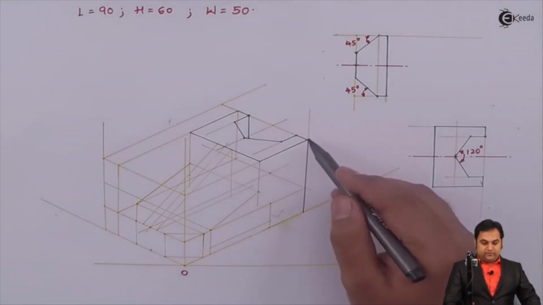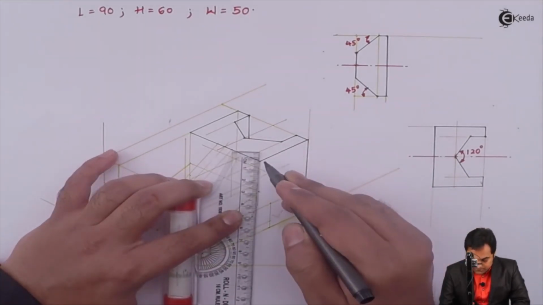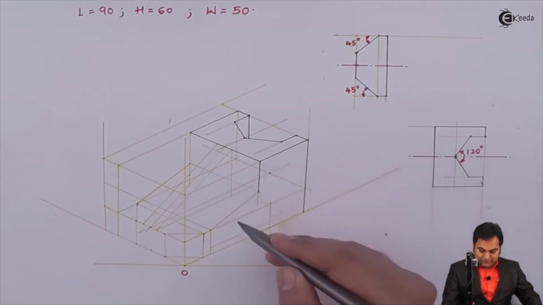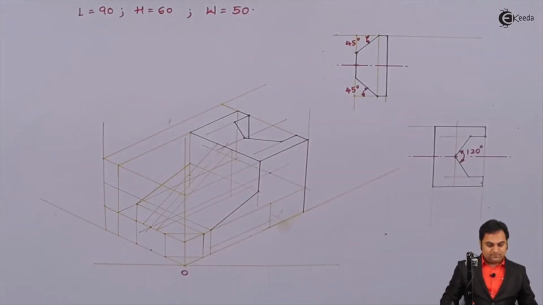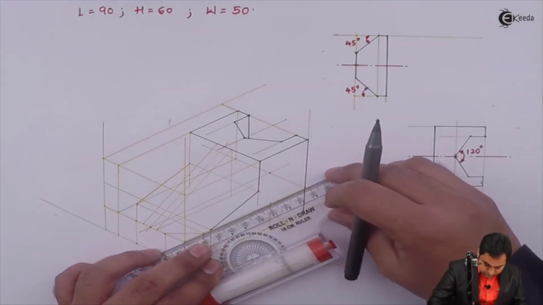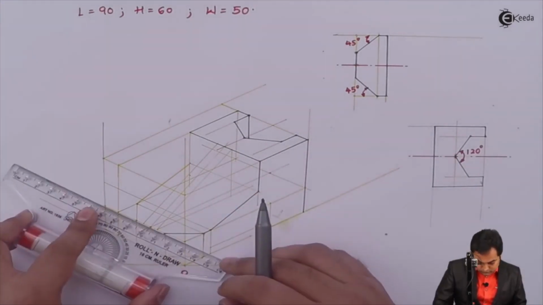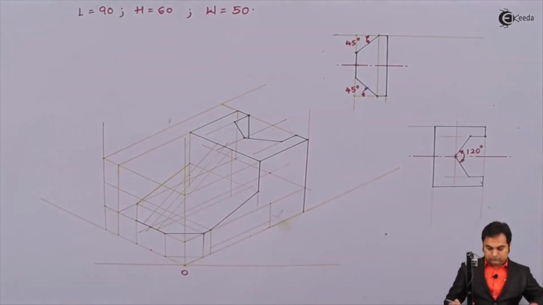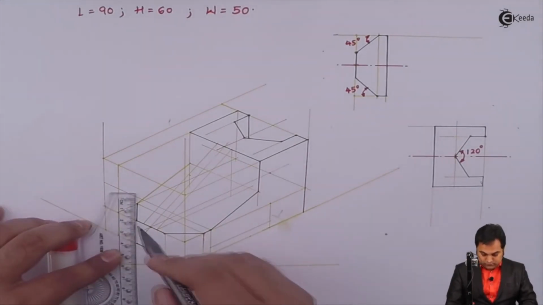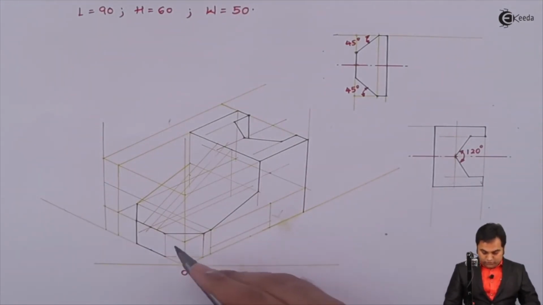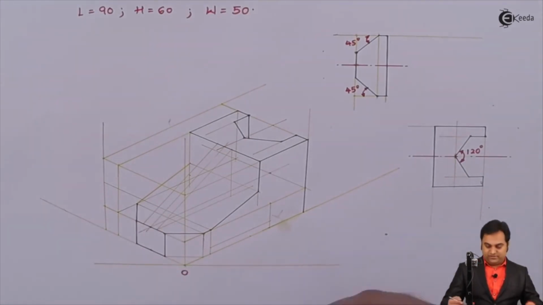From this 35 mm length, it comes down up to 25 mm, and then here it is connected at the bottom. So this is the block which is visible. I'm making them dark step by step.